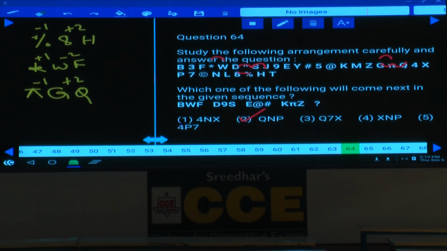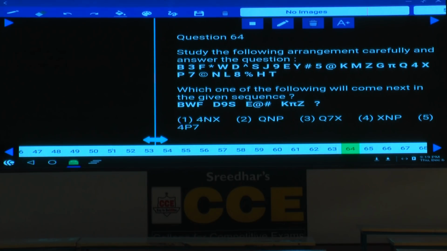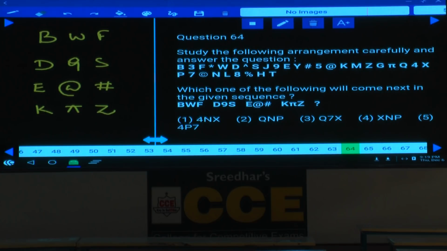Then 64. Now this question number 64 is based on the series B, W and F, then D9S, then E at the rate of hash, next one K pi Z, then what should be the next element?